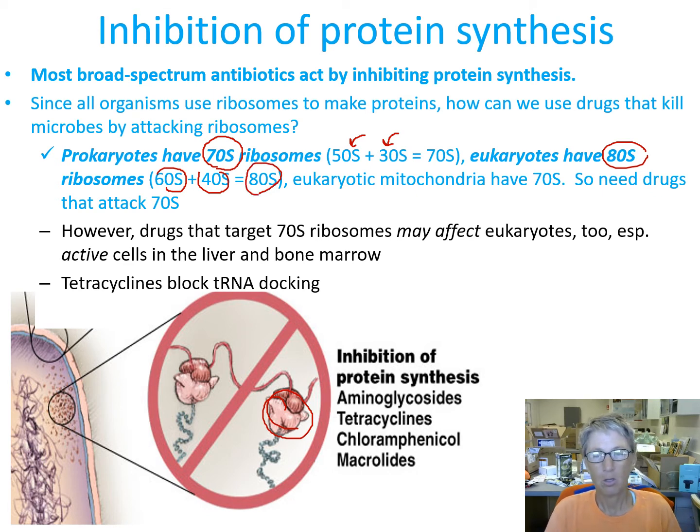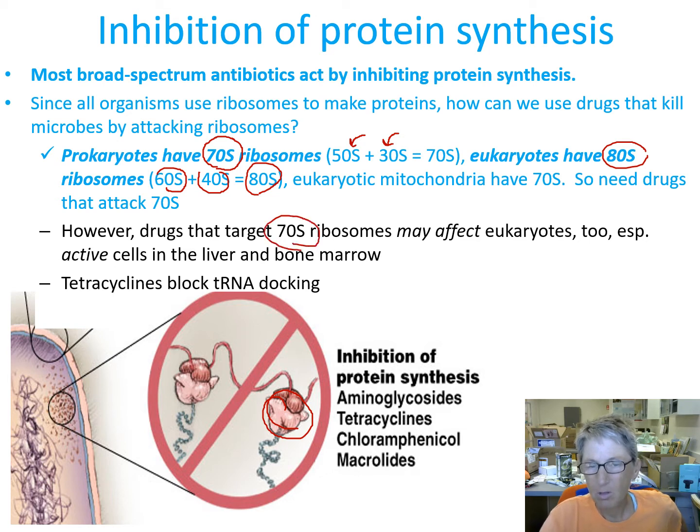So the drug designers have made drugs that attack the 70S ribosome in bacteria or in prokaryotes in general, and it doesn't hurt us, but they're finding there are some side effects.